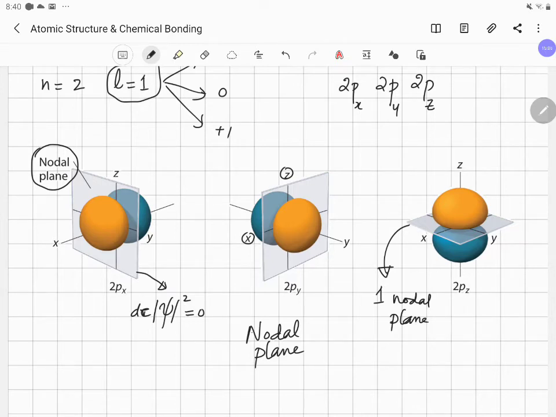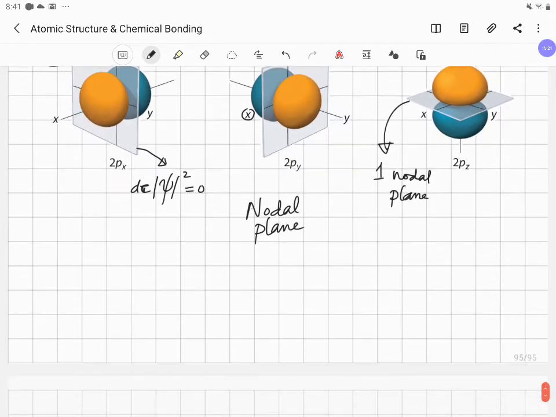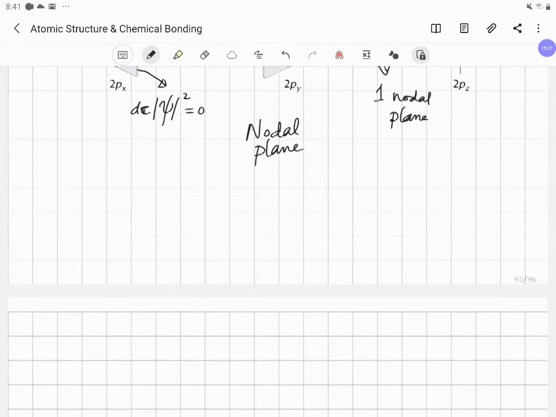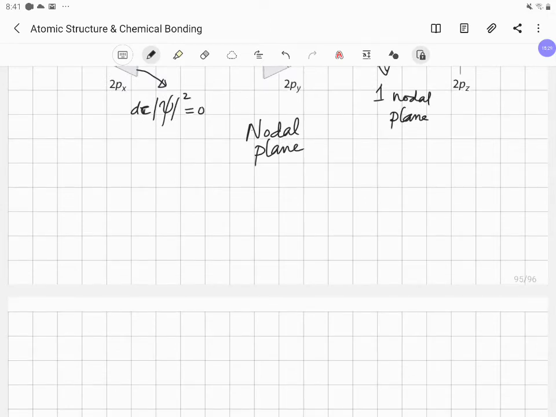And you can see that for every p orbital, whether it is 2p, 3p or 4p, there is one nodal plane for each p orbital. So we have seen that for a p orbital, there is one nodal plane.